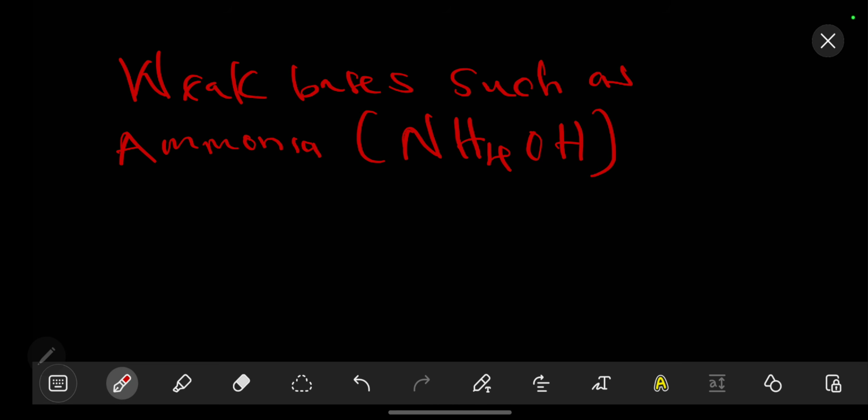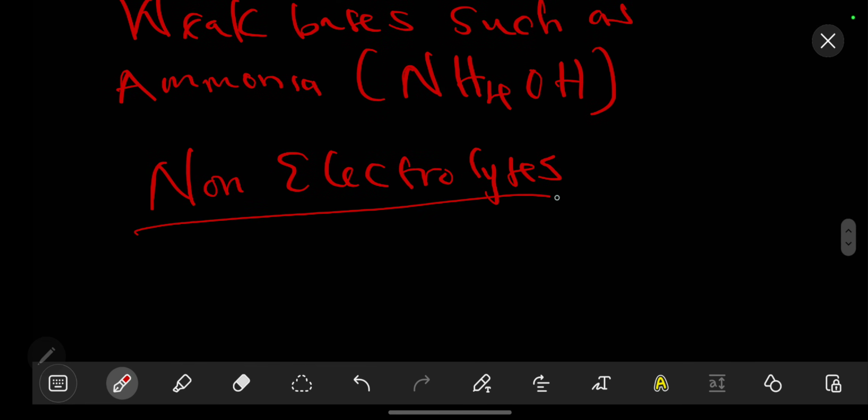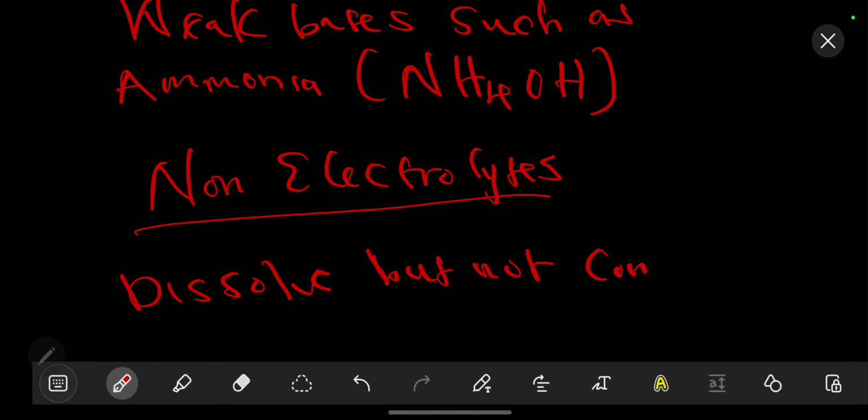However, there are substances which we are going to be calling non-electrolytes. Non-electrolytes are able to dissolve but do not conduct electricity.